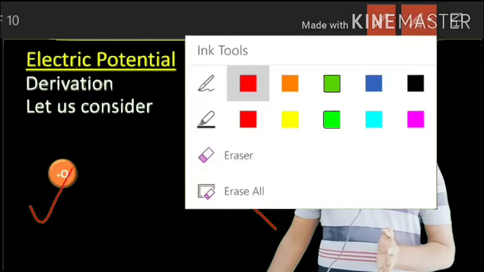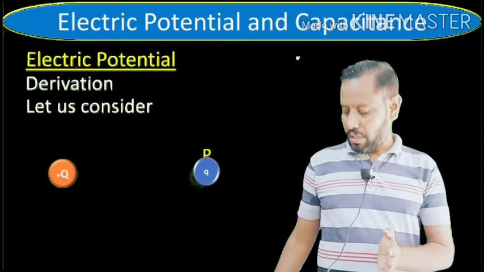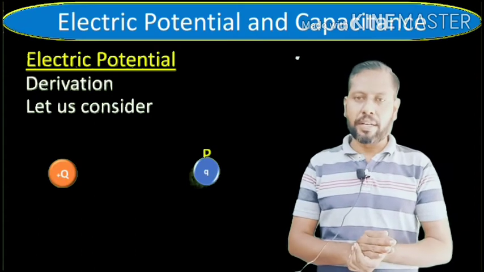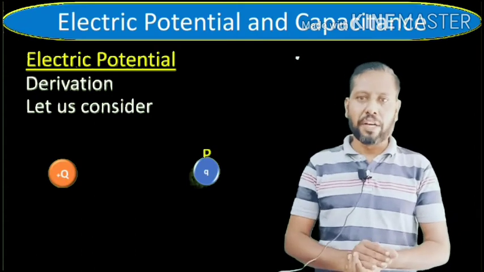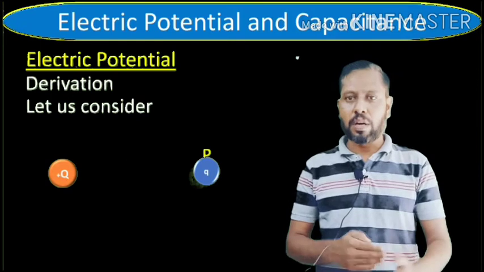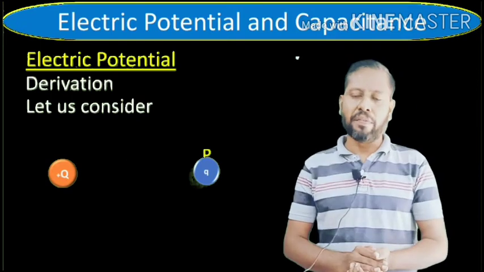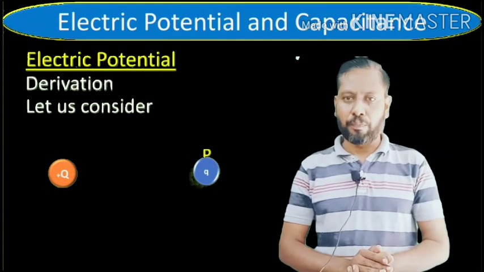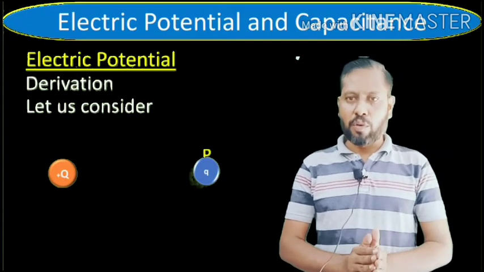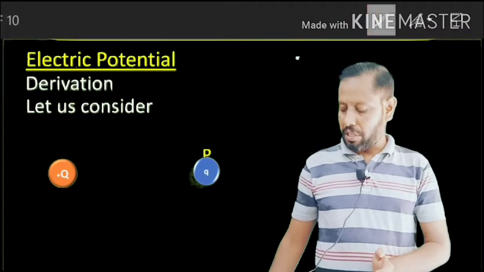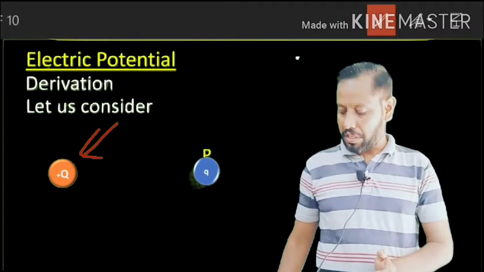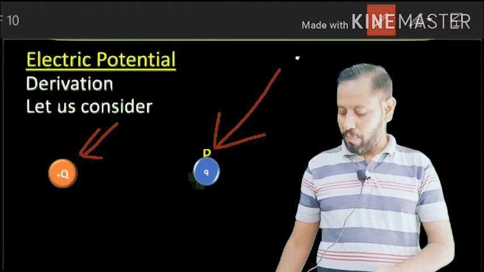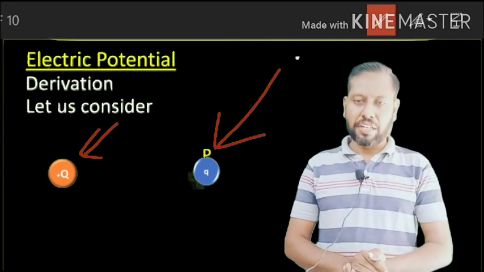In order to find how much work is required to take that small q from infinity to point P, that work done per unit charge will be defined as the electric potential of capital Q. Be careful, we want to find the electric potential of this charge at point P. That is our intention here.